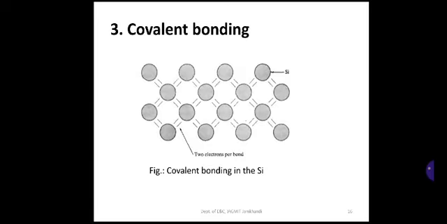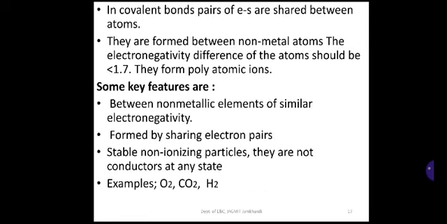Each atom consists of 4 electrons. In these crystals, each atom shares its valence electrons with its 4 neighbors. The bonding forces arise from a quantum mechanical interaction between the shared electrons. This is known as covalent bonding. Each electron pair constitutes a covalent bond.